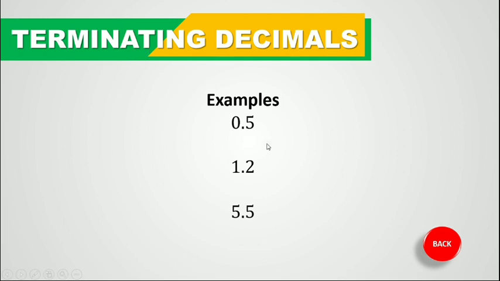For example, 0.5, 1.2, 5.5. There are no more digits after. It's finished, it stops. It's either one decimal digit, or 2 or 3, as long as it isn't infinity. There is no dot at the end.